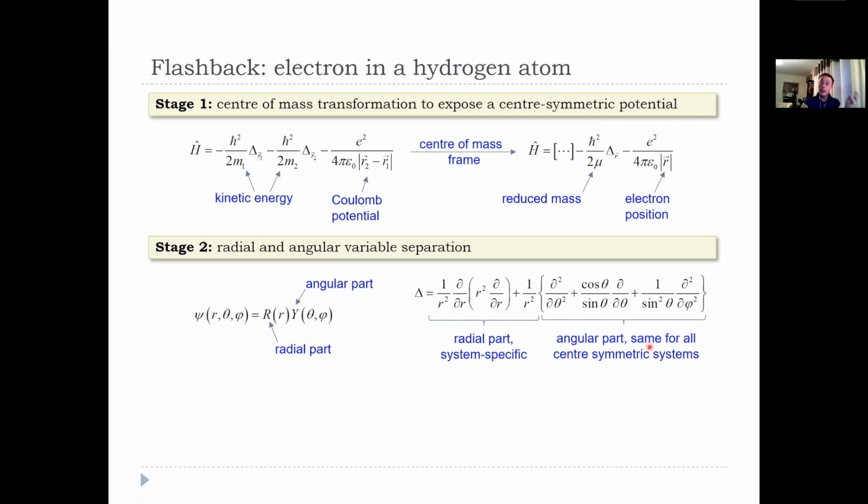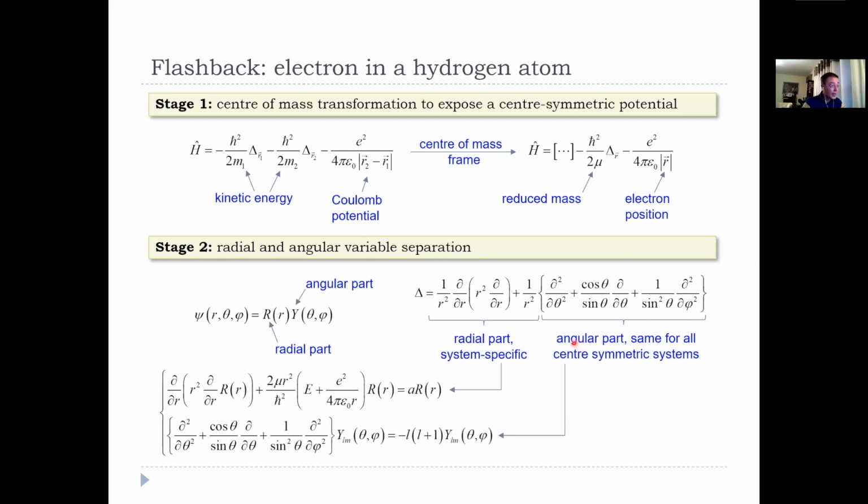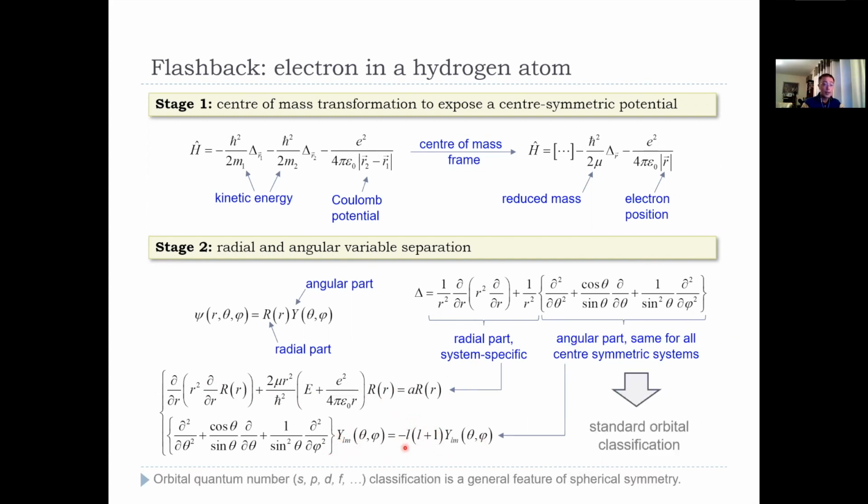And so the radial part was complicated and horrendous and difficult to deal with, but the angular part was the same, or essentially the same, in every non-relativistic atom. And that had solutions, and that gave us the principal quantum number, and that had solutions, and that got us the orbital and the magnetic quantum number. And those were our atomic orbitals in the hydrogen, and this was the standard orbital classification.